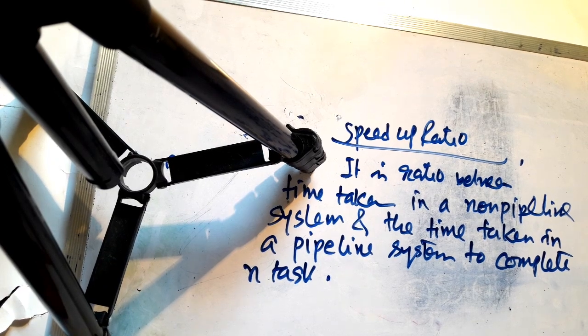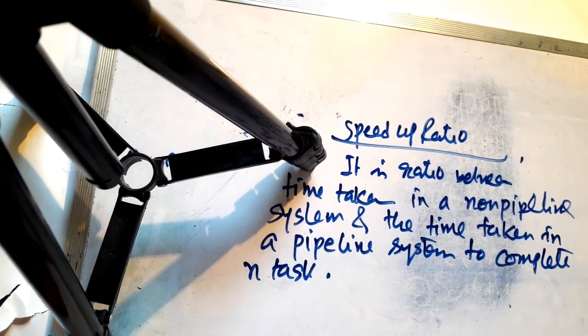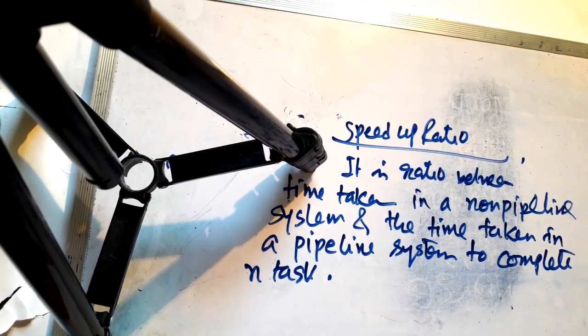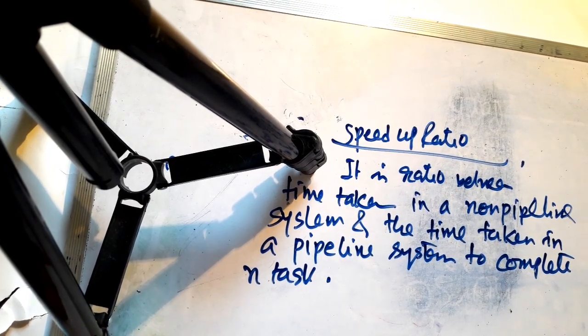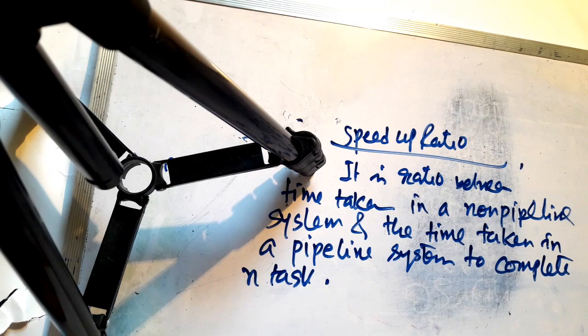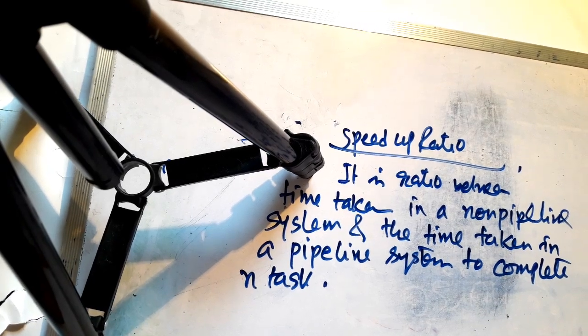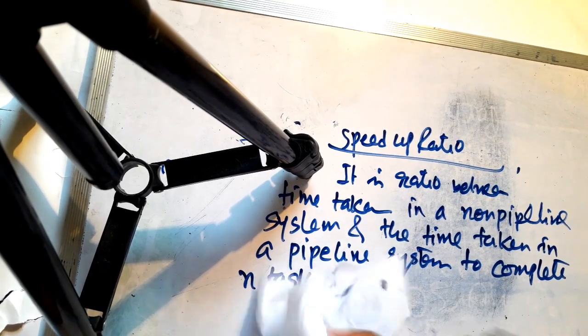So this is the ratio of two systems. Non-pipeline means serial processing, and pipeline means parallel processing. So it is the ratio between serial versus parallel. How much speed is improved by the pipeline system. This is the ratio.